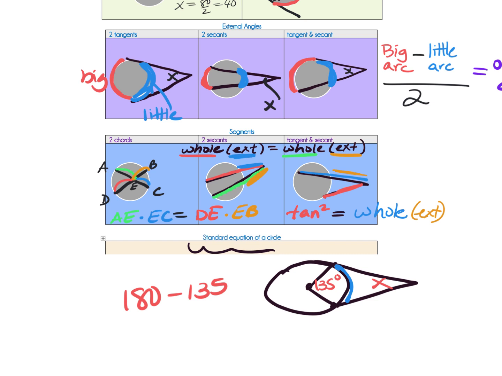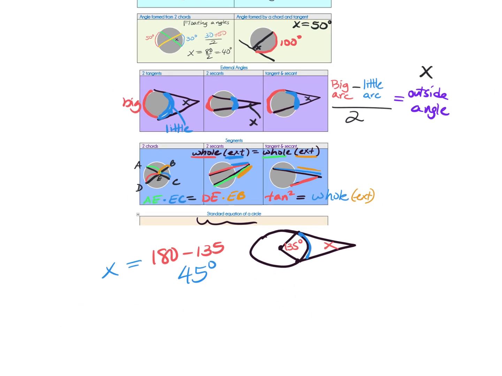So here you would just do 180 minus 135, and that would give you X. And this was for the circumscribed angle. Sorry, that's 45. Would equal X.